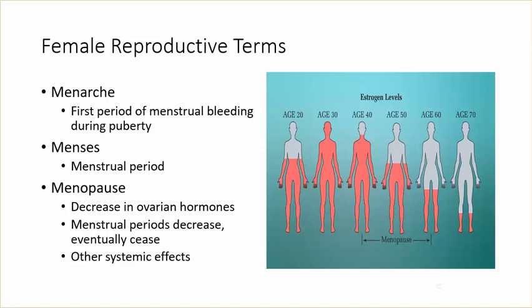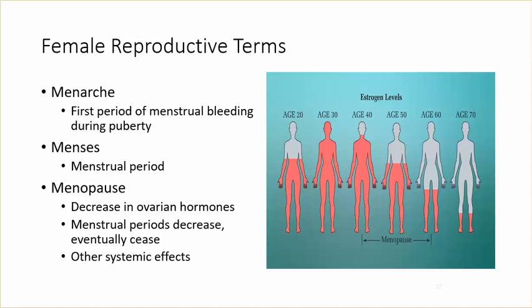There's body changes, mood changes, things that change during that time. Menopause is when you've now run out of follicles, and so the cycle completely stops, and estrogen levels go way down. And we'll just leave it at that.